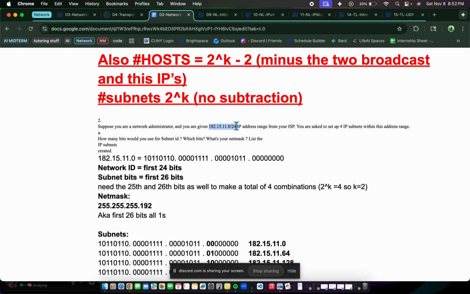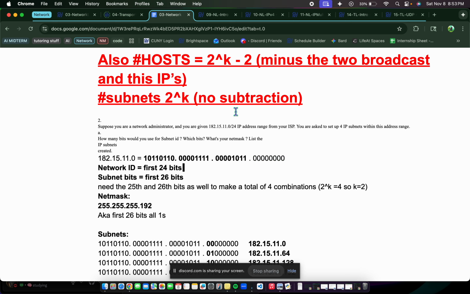We see over here we have /24. This means that the first 24 bits are going to be your network ID. So this is going to be 8, 16, 24. These guys over here, your first 24 bits, are your network ID. The rest of these guys are going to be your host bits.